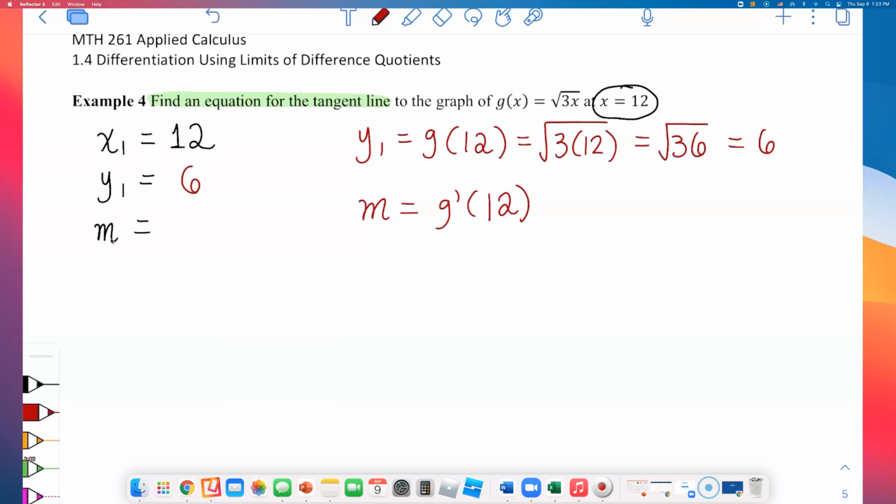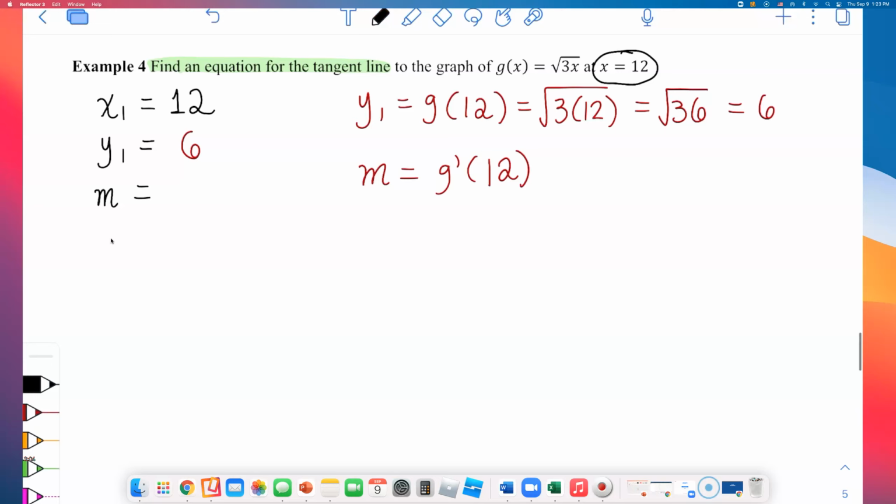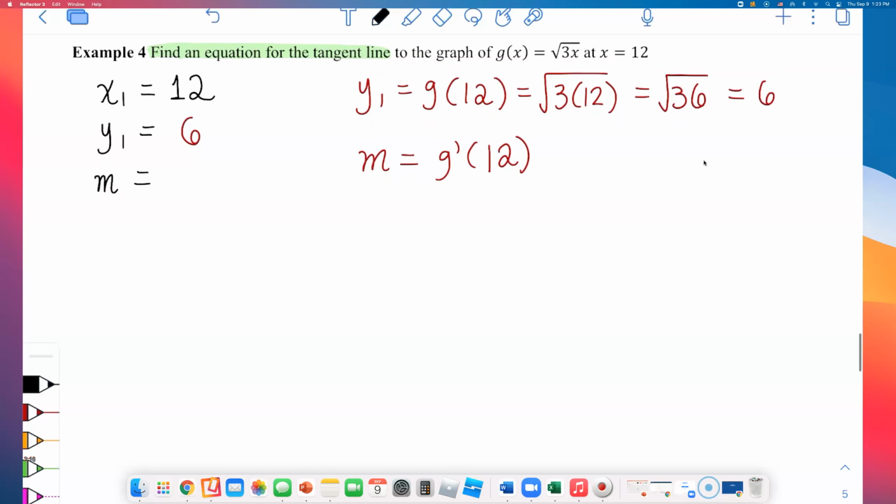Finding this g prime of x is going to take the majority of our time because at this point in our lesson, in our course, we do not know any other rules but the definition of derivative using the limit, okay? So let me write down what g prime of x is. g prime of x is the limit of the difference quotient as h approaches 0, and the difference quotient is what?